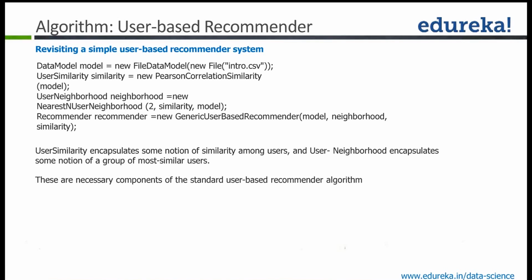And similarly you define a notion of neighborhood. Using those individual components, you build a recommendation engine, and then use it subsequently for doing the actual recommendations. This is all you need to do as a user, and everything is done under the hood for you.